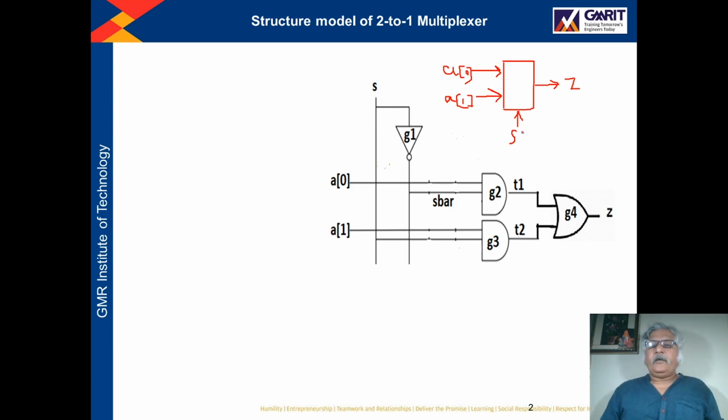So here, if this select line is 0, then to the output the value of input A0 will be transferred, and if S is equal to 1, then in that case to Z we will transfer the value of A1, right?